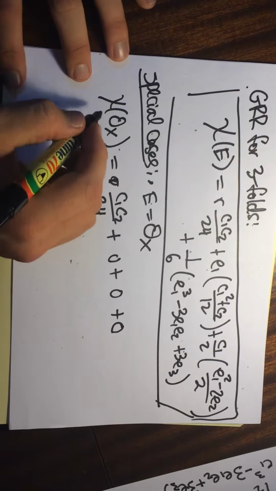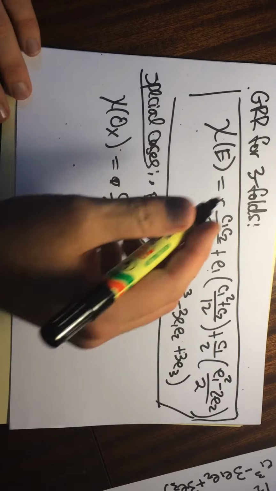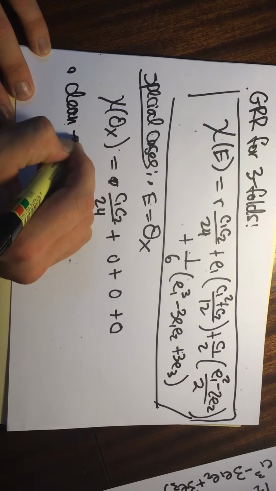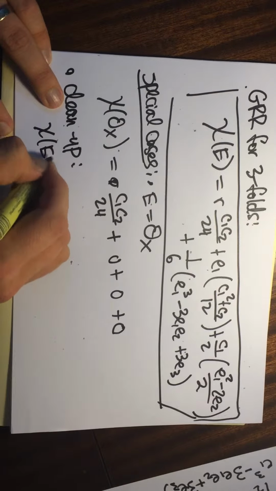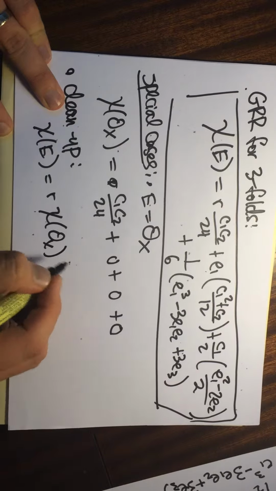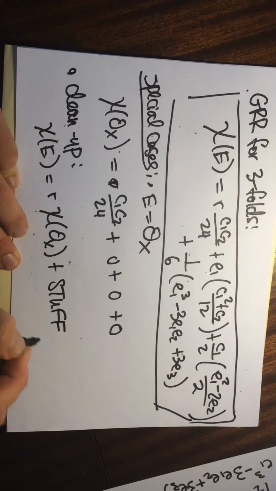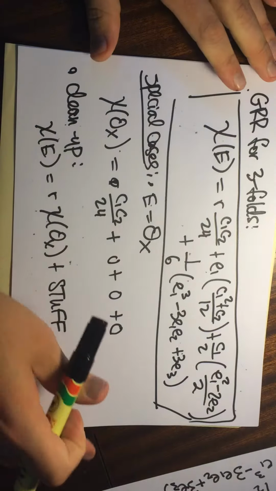Okay, so this is our formula for the Euler characteristic here. We can clean up this formula, and we get that chi of E is equal to rank times chi of X plus stuff. Okay, let's try and clean this up a little bit more.